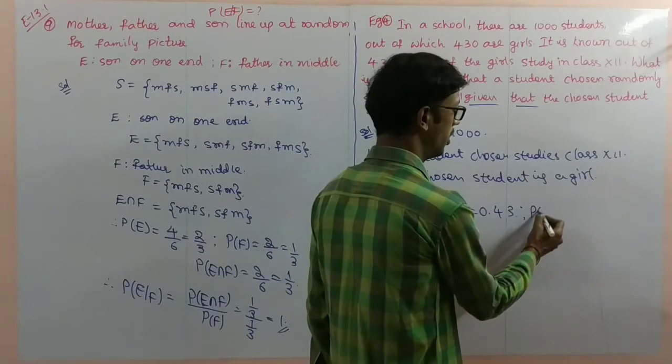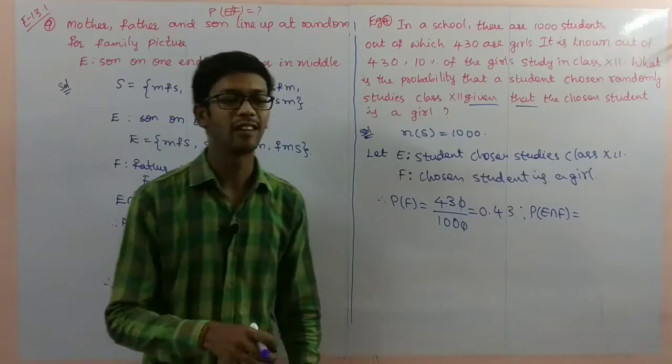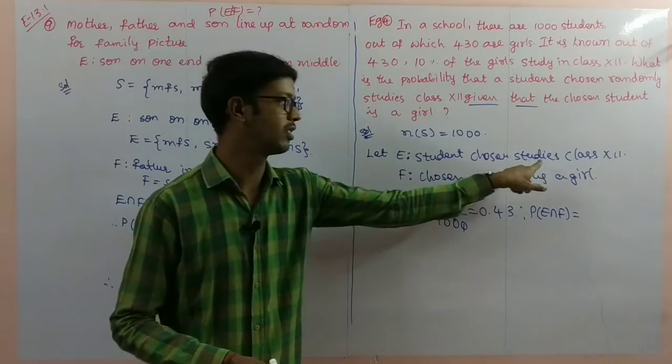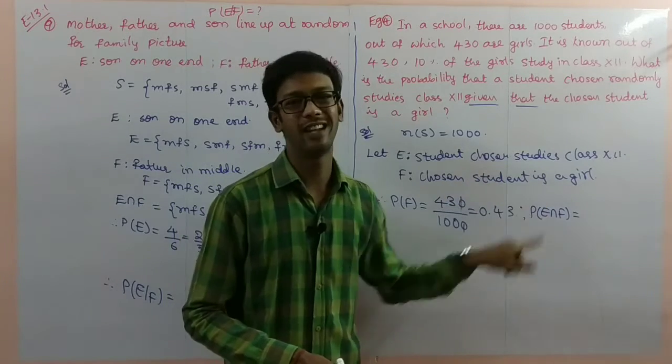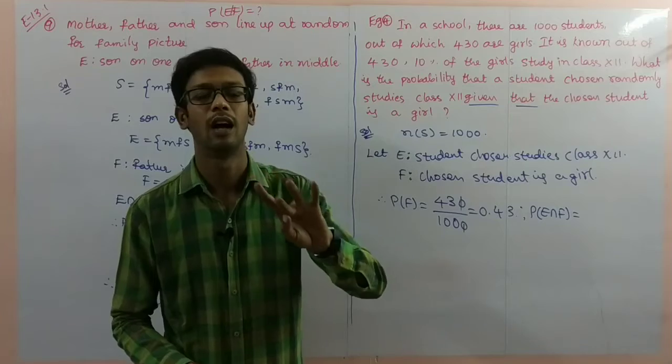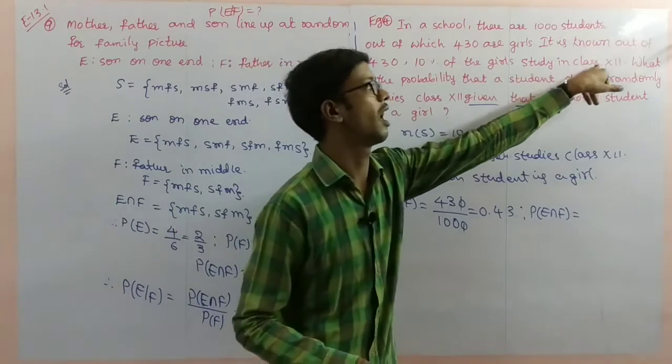Next, probability of E intersection F. E intersection F means the student chosen studies in class 12 and the student is a girl. Class 12 and girl, how many are there? 10% of girls study class 12.